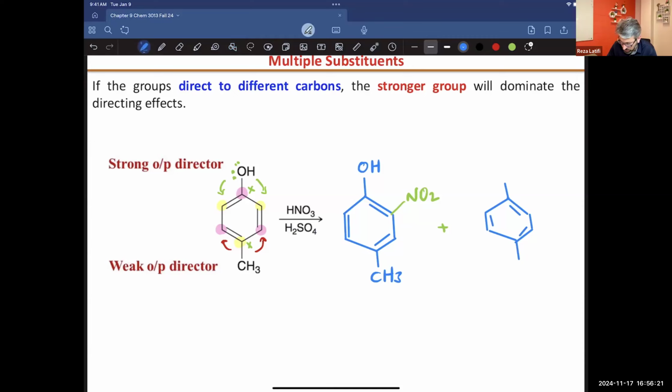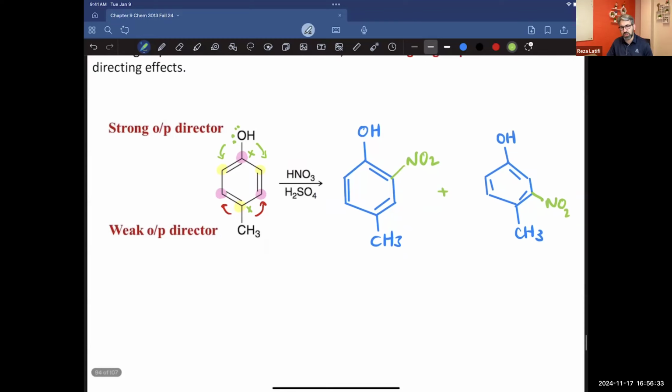There we go, OH and CH3. Can we have the NO2 here? It can happen, but that's going to be a really small portion of the product. So this is going to be the major one, and this is going to be the minor one. Again, this one is going to be the dominant product, and the second one you're going to get a small portion of.